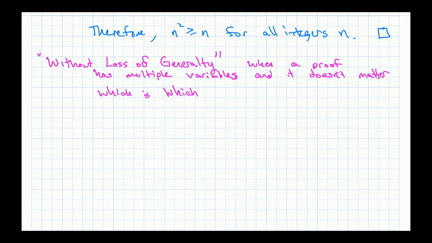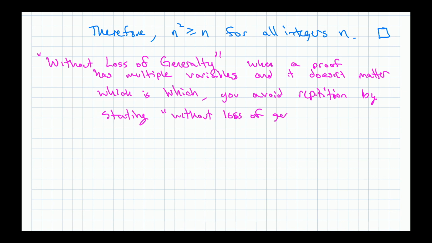So if you have a proof that has multiple variables, and it doesn't matter which is which, you can avoid repetition by stating without loss of generality, and then you say, assume something, and hopefully that something gives you fewer cases that you have to look at specifically.